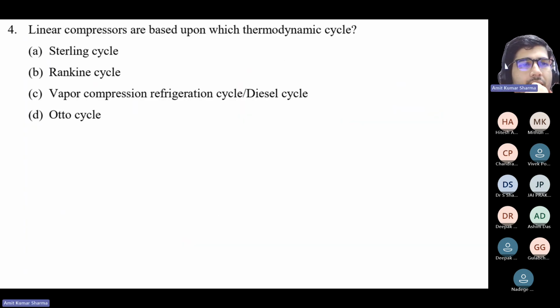Question number 4. Linear compressors are based upon which thermodynamic cycle? Stirling, Rankine, vapor compression refrigeration cycle, or diesel cycle, Otto cycle? Is it Rankine cycle? Anybody else?